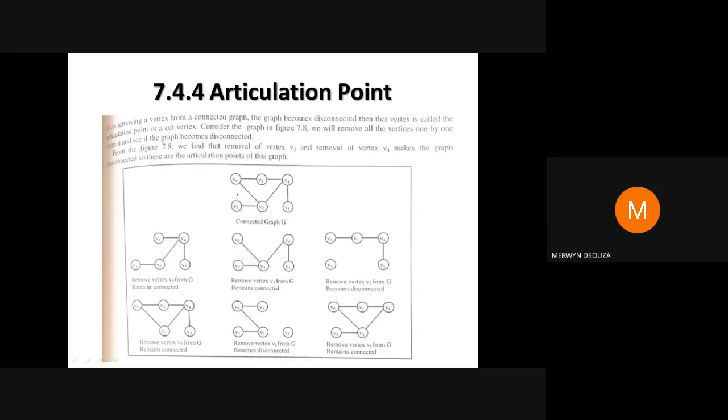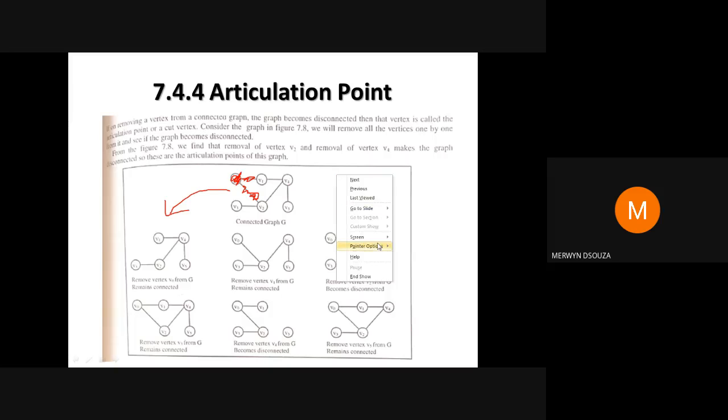For example, if I remove this one, these edges are not there, then you can see the remaining vertices remain connected, like it is shown here. It does not get disconnected. Therefore, this vertex is not an articulation point.